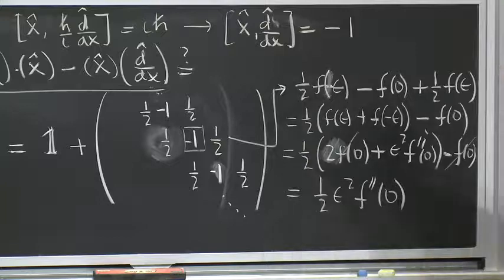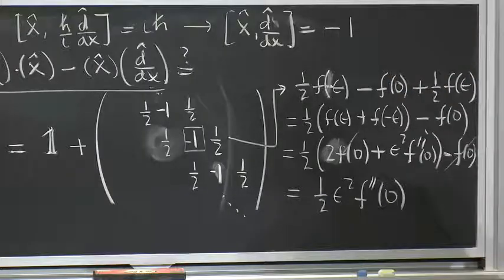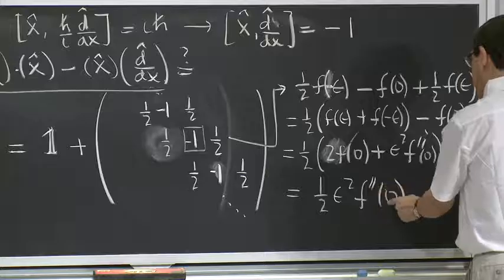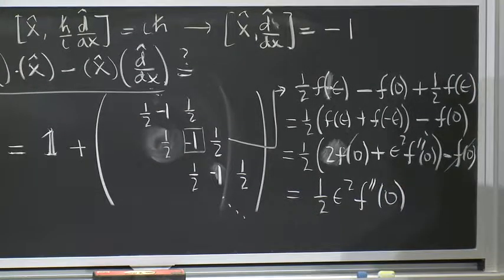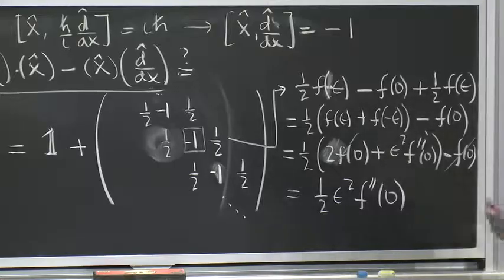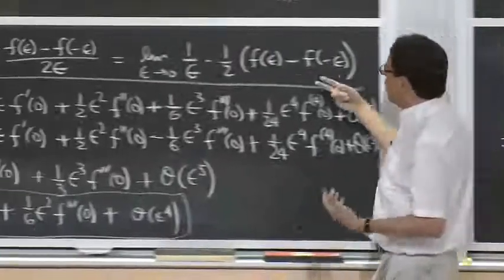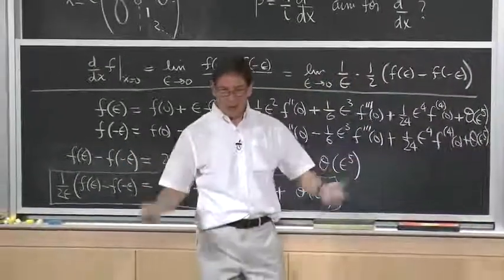So actually this leftover matrix is computing epsilon squared times f double prime of 0. So we said that these approximations that we do are good if the higher derivatives of the function are bounded.